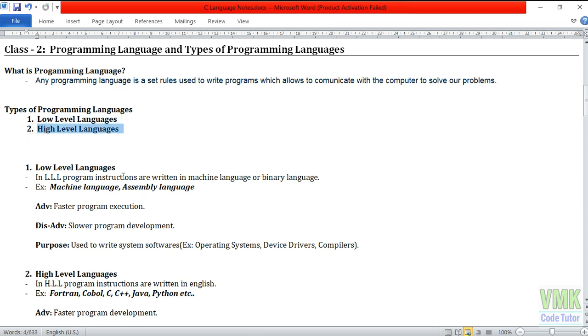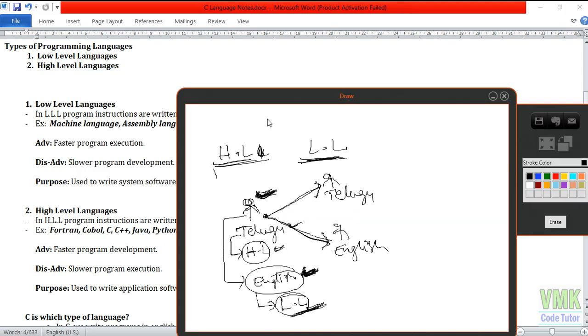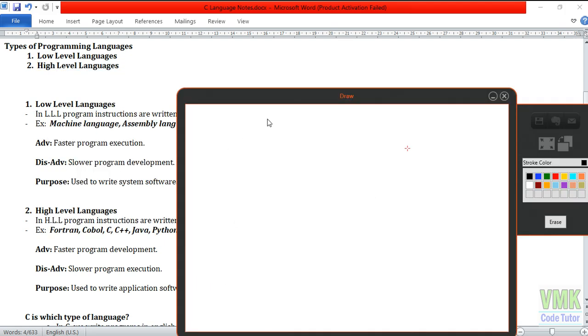Let us understand what we mean by low level programming languages. A computer understands one and only one language, called machine language, or what we call binary language, which is a collection of all zeros and ones.